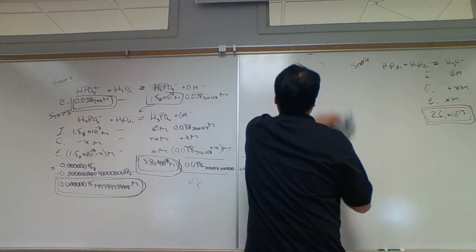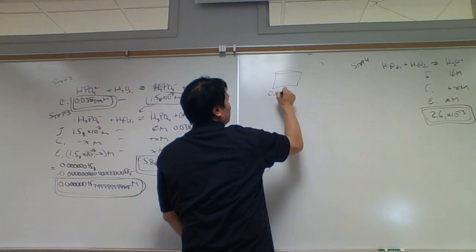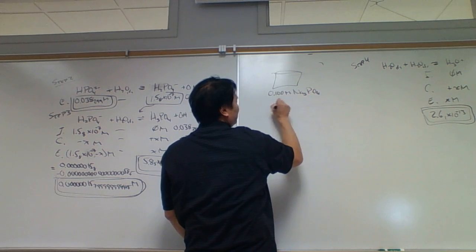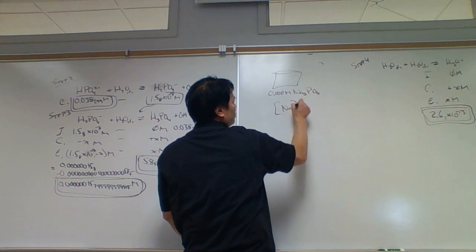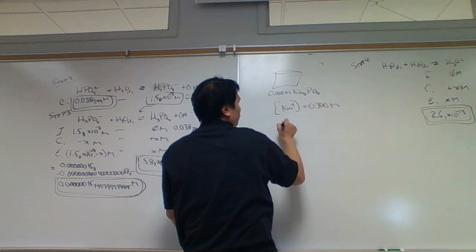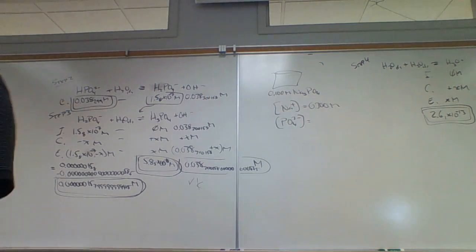For a beaker, if we had a beaker that was labeled 0.100 molar sodium phosphate, what would we find in the solution? We'd find sodium ions at 0.300 molar. We'd find phosphate ions at, what's the molarity of the phosphate ions?